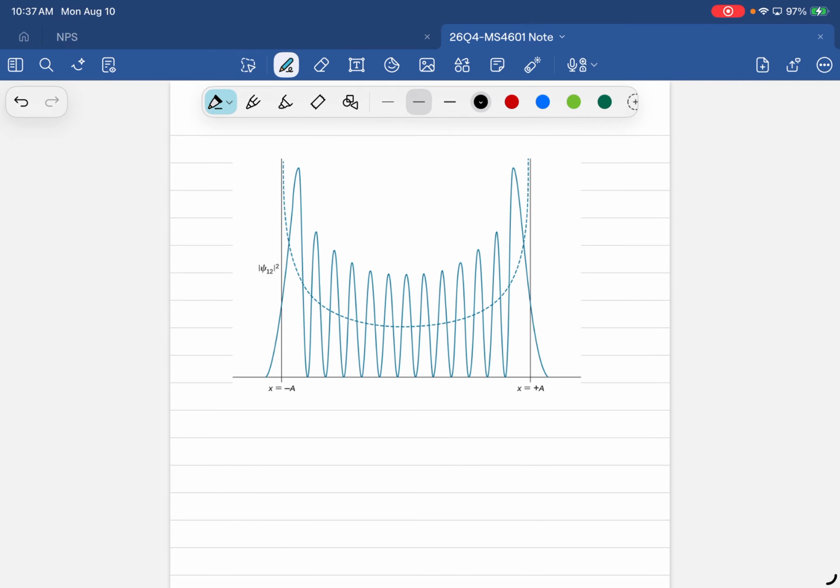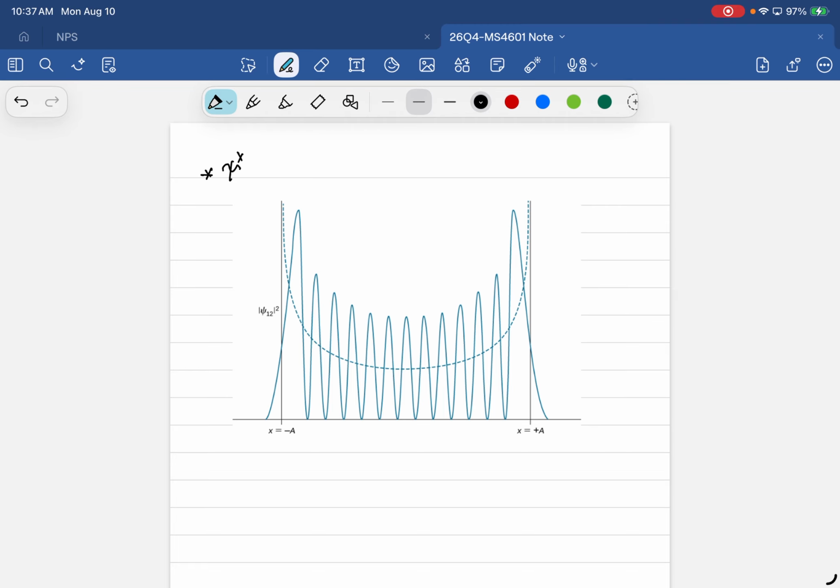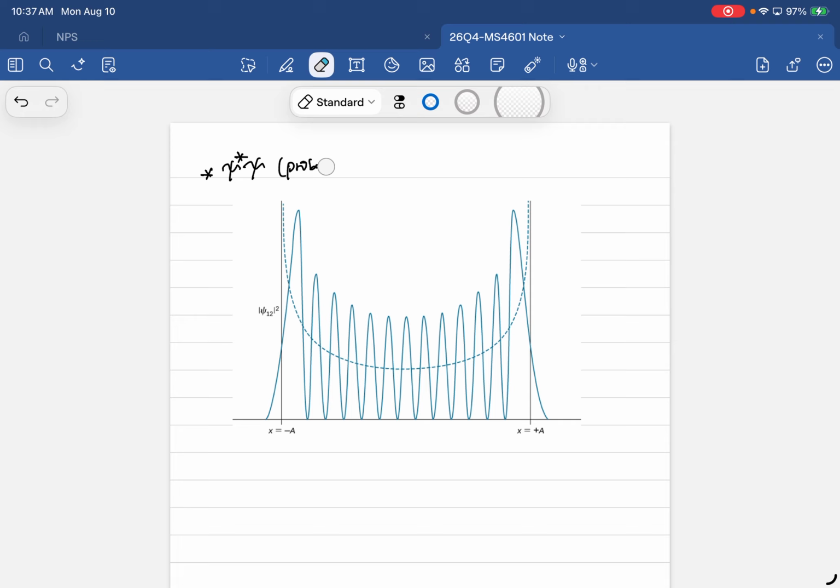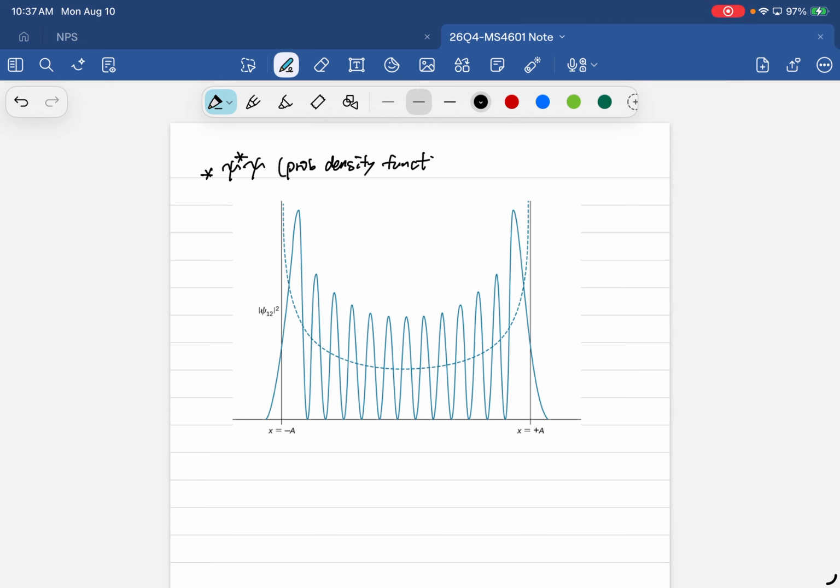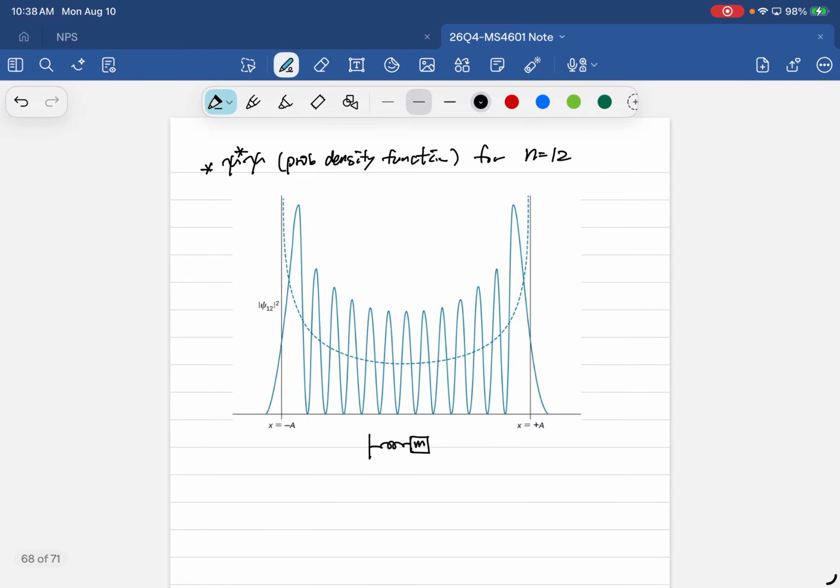This one is the case for the probability density function, for when n is 12. So it's a little bit higher energy. It's not the ground state energy. In this case, again, we are looking at the harmonic oscillator.